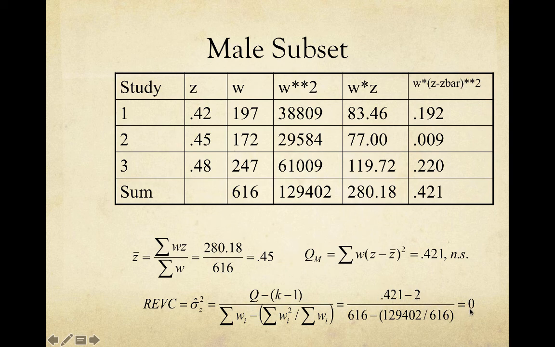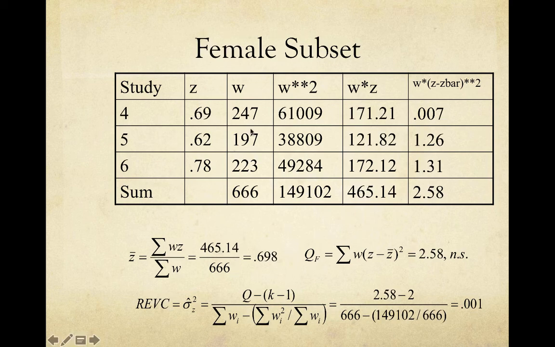By convention, when we have a negative variance estimate, we set it to 0. For the females, we've got these values of Z and these values of W. When we compute the weighted average, we get .698. We get a weighted sum of squares of 2.58, which is also non-significant with 2 degrees of freedom. Our estimate for the random effects variance is .001 for these folks.